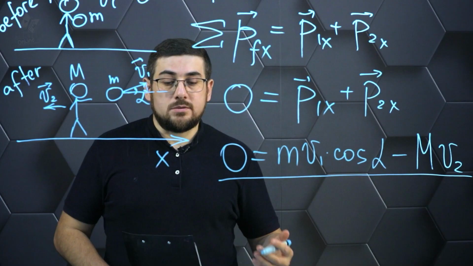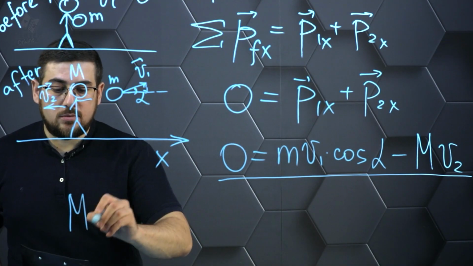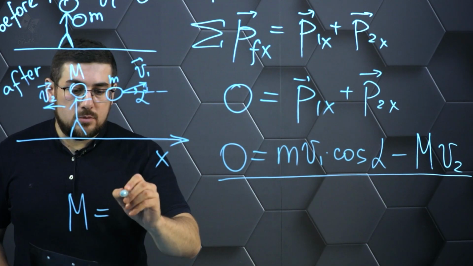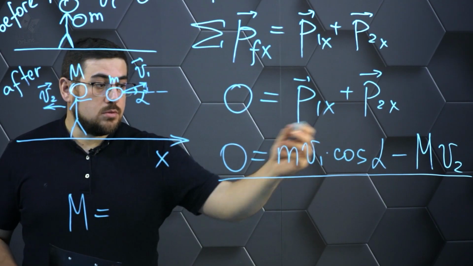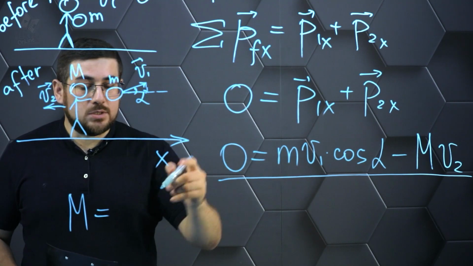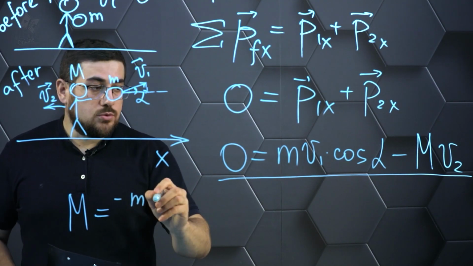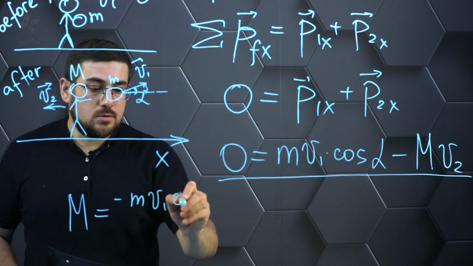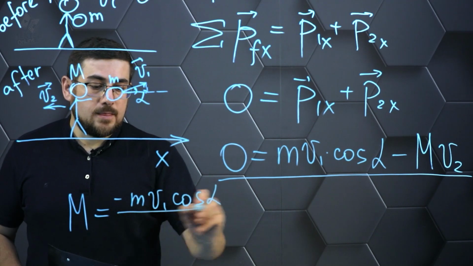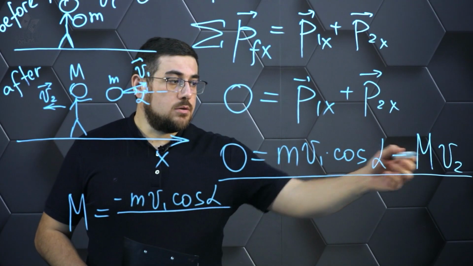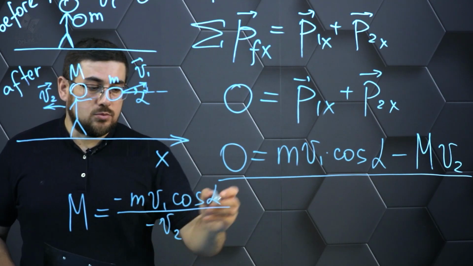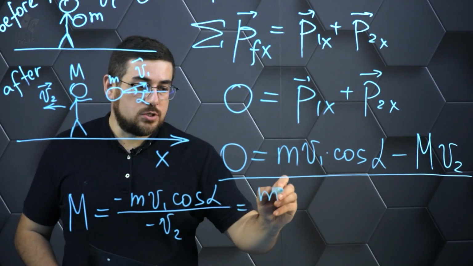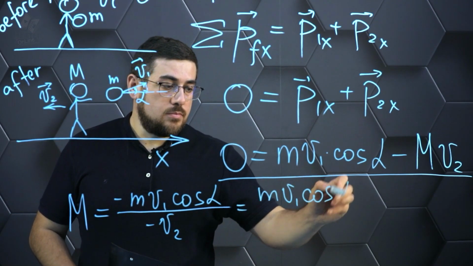Based on this equation, we see that it is possible to calculate the mass of this hockey player. In order to do this, here we transfer the momentum of the bag to the left side with a minus sign. So we get minus m times v1 times cosine of the angle, and then divide by the negative value of the hockey player's velocity. The minus here goes away, and we are left with the final expression.